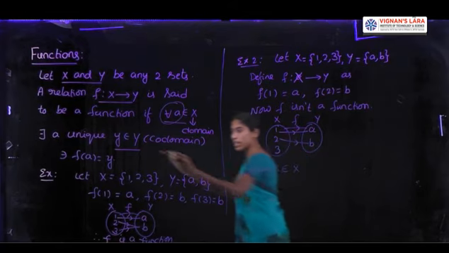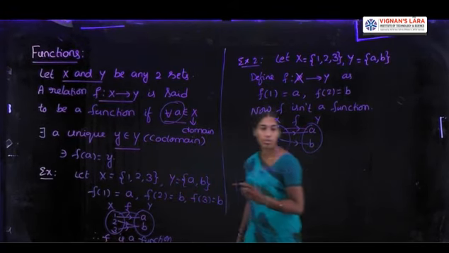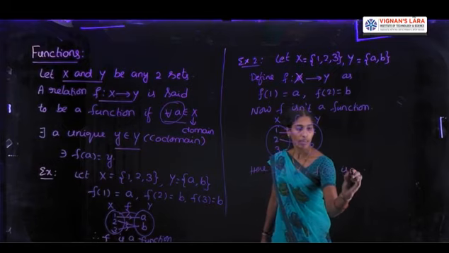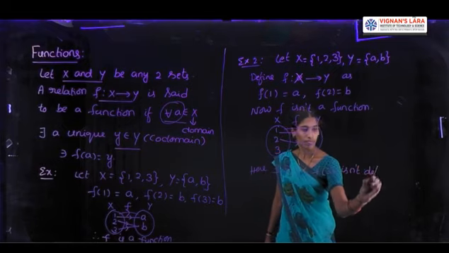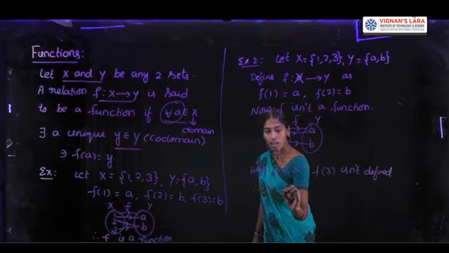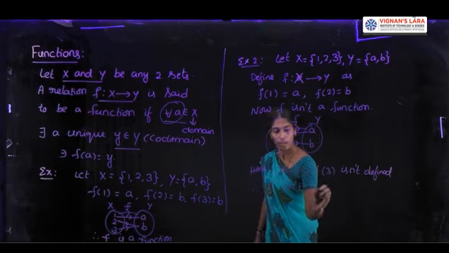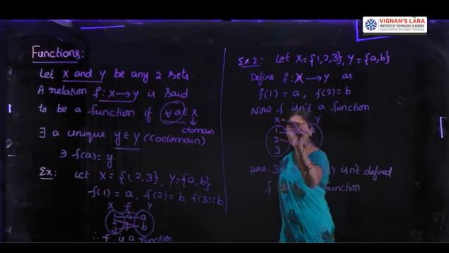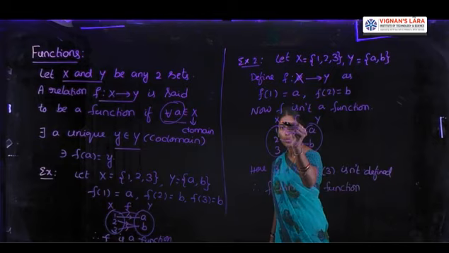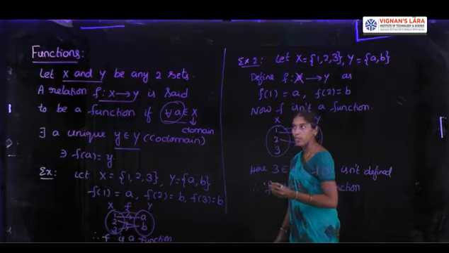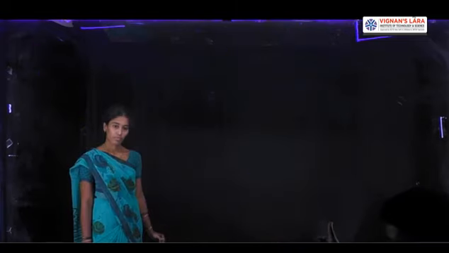But there must exist a unique y belongs to y, but f of 3 is not defined. Right? Therefore, f is not a function because there exists 3 belongs to x in the domain set. For this 3, there is no image in the codomain, therefore f is not a function.